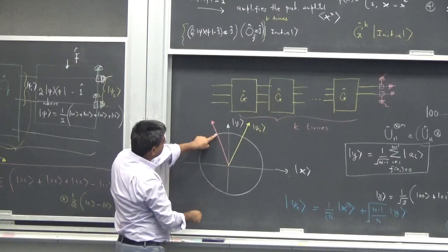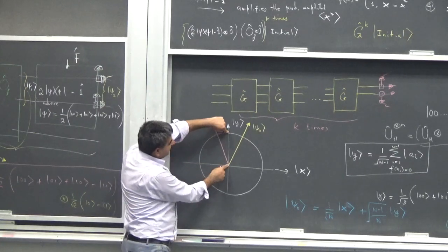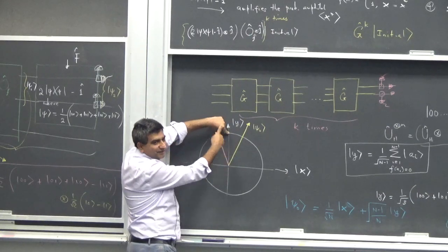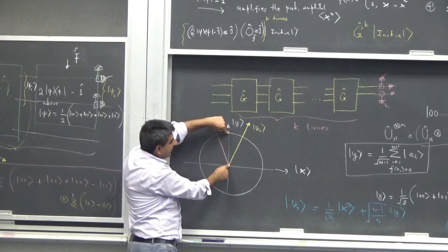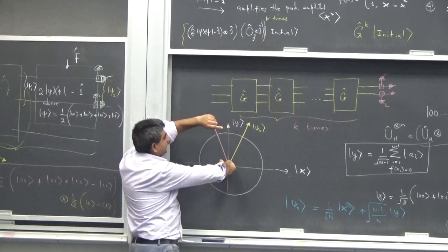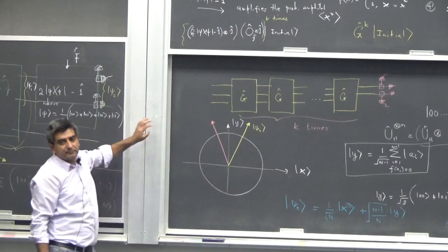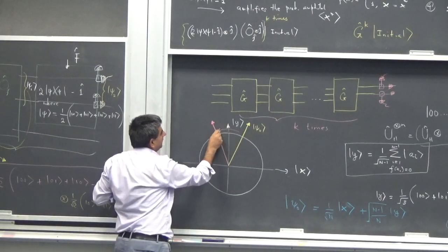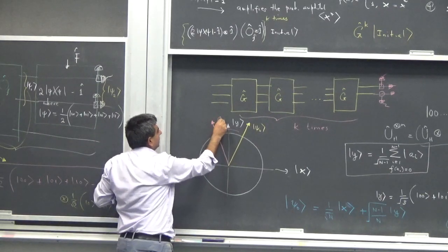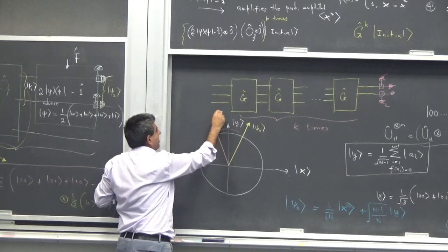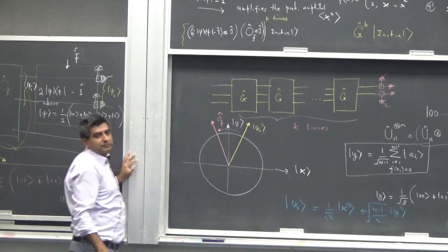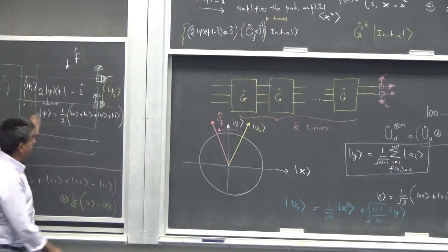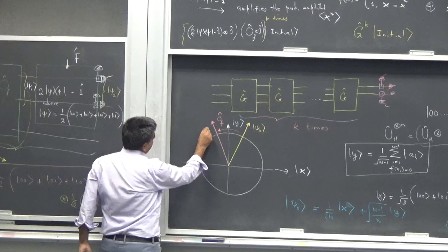Because this state has the same direction cosine with this orientation, the unwanted part remains the same, but the sign of the wanted part is inverted. So this is the action of the quantum oracle. That's what appears here, right? So this is ket psi 1.